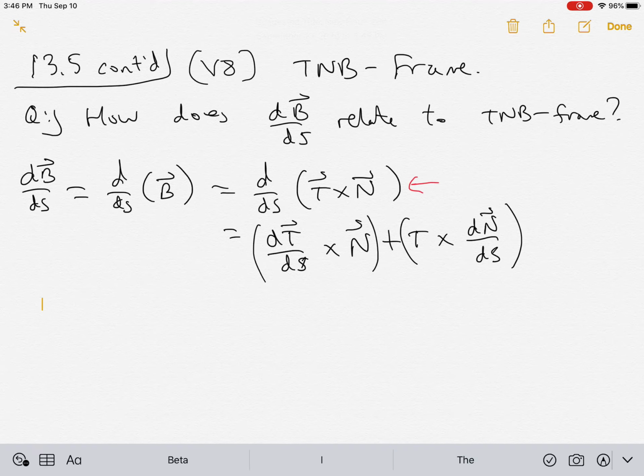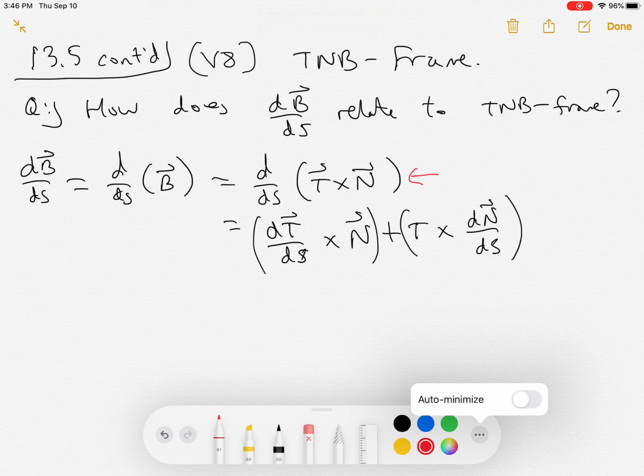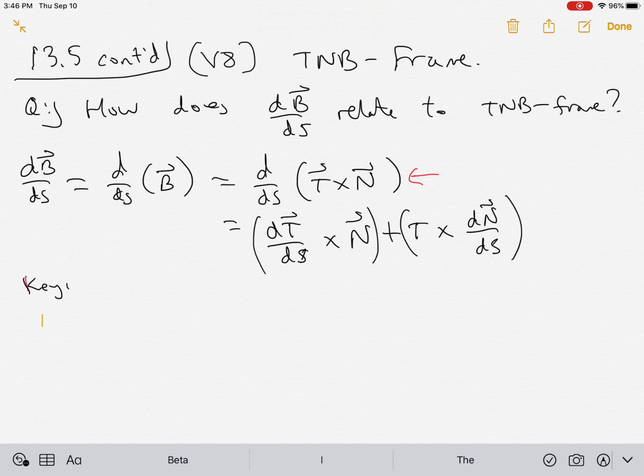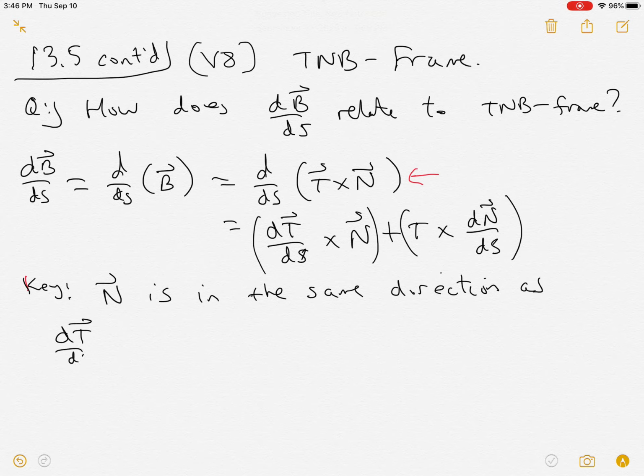Okay, so this is key. The vector N is in the same direction as the derivative of T with respect to S, right?